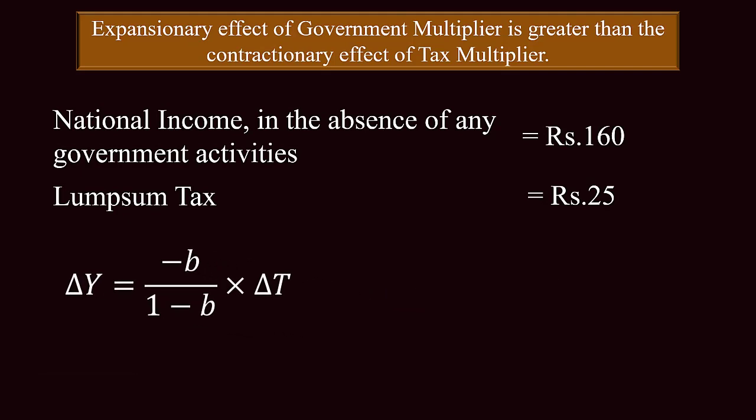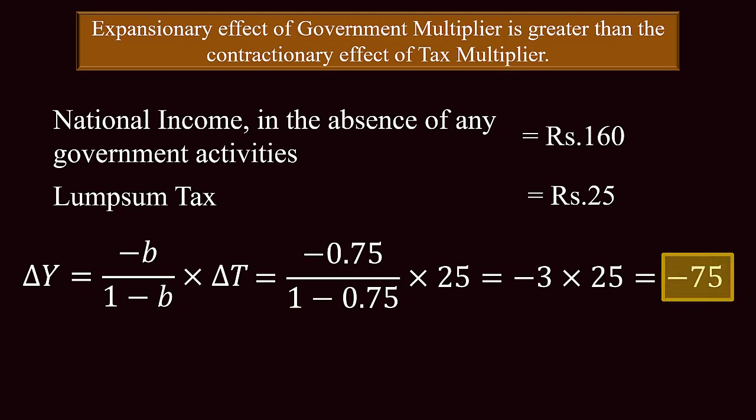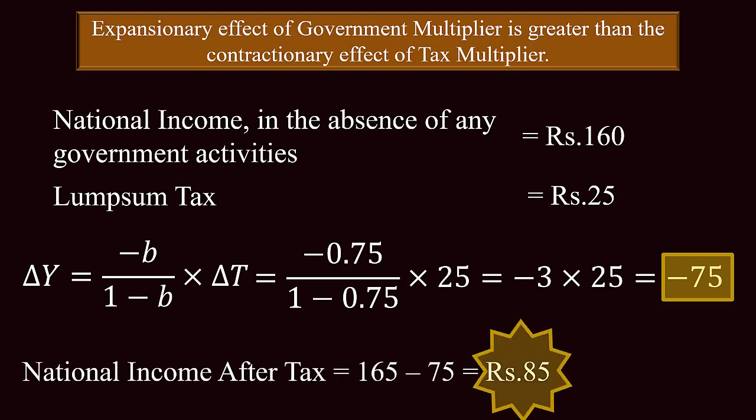Negative 0.75 over 1 minus 0.75 times 25, negative 3 times 25, negative 75. When 25 rupees lump sum tax is imposed, it will reduce the national income by 75 rupees. The national income after tax is 160 rupees minus 75 rupees, 85 rupees.